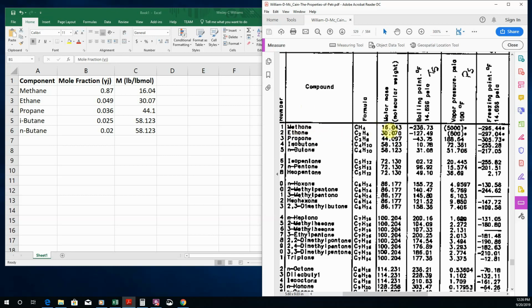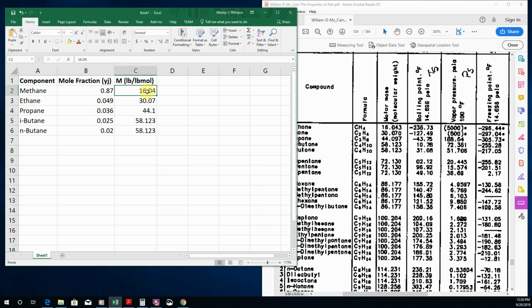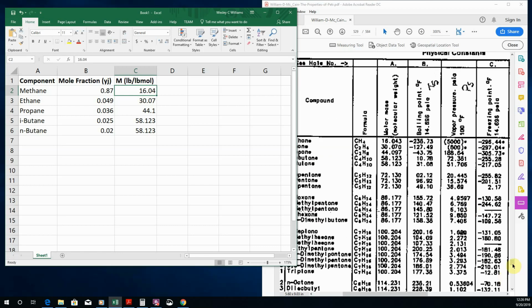Here's the molecular mass, 16.043. It's showing 16.04 because I've got 2 decimal places. Basically, you can put these values in one time: 16, 30, 44, 58, and so on, and get those values.